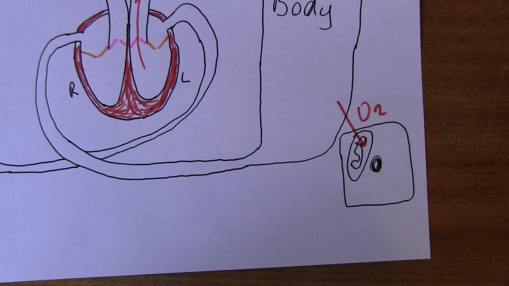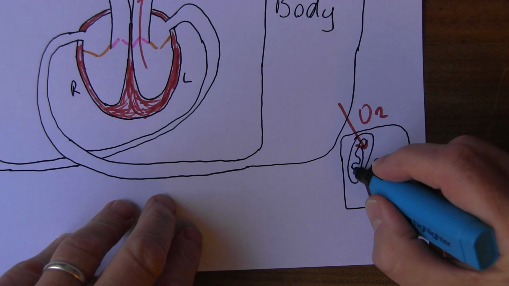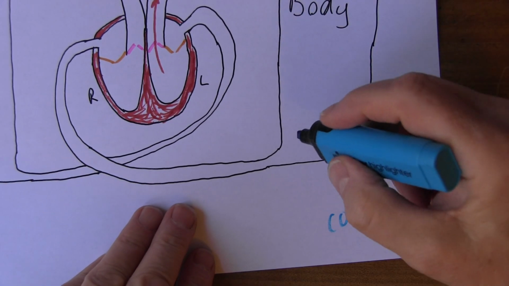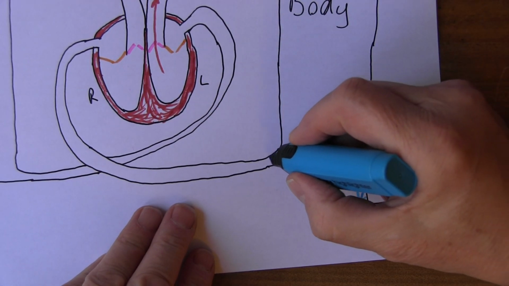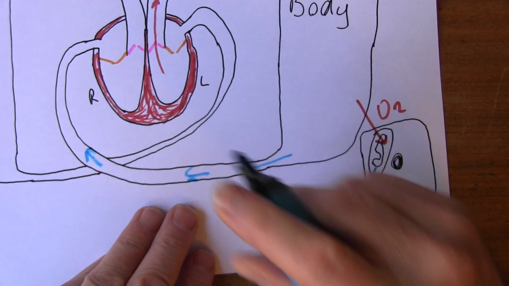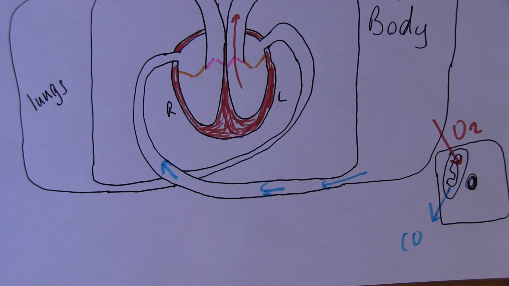And of course they then produce their waste product, carbon dioxide. So the blood going back to the right side of the heart in the venous system contains less oxygen and more carbon dioxide. That's why we draw it in blue traditionally.